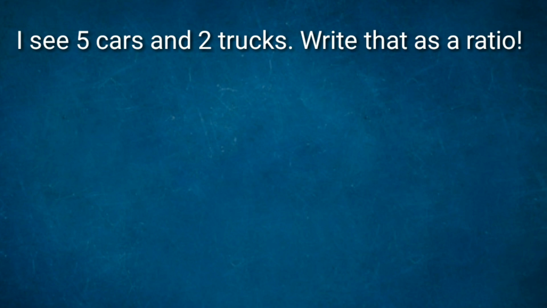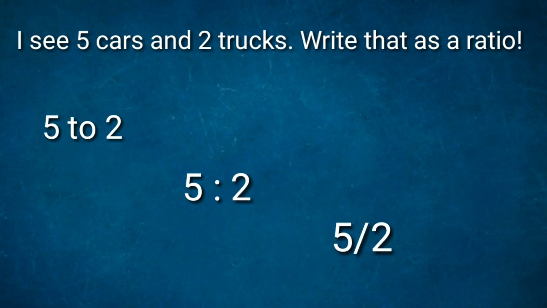So the number of cars is 5 and the number of trucks is 2. So we must put 5 first and the second is 2. So the ratio is 5 to 2 or 5 colon 2 or 5 per 2 or 5 over 2.